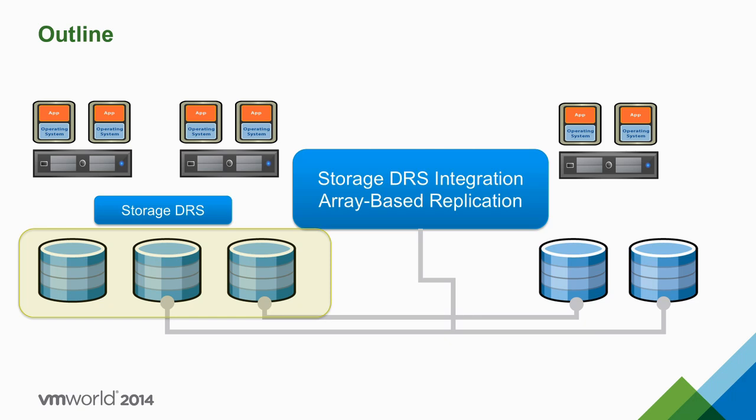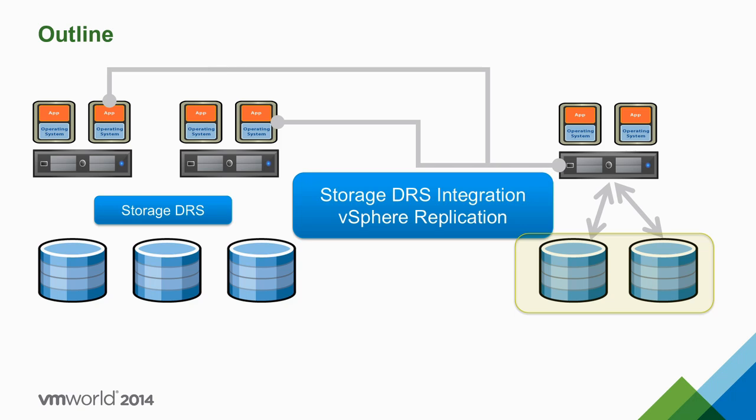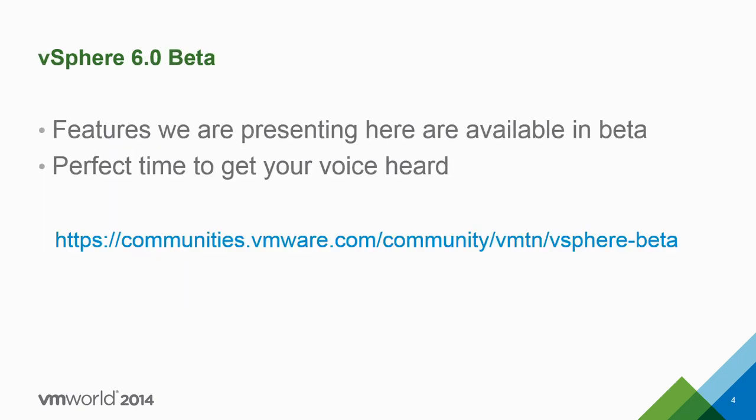We'll talk about how, on the primary side, the features of Site Recovery Manager interoperate with storage DRS. Next, we're going to look at the other replication feature, vSphere Replication, and how storage DRS would work on the secondary side. Okay? So that's the general outline of the talk that I'm going to go through today.